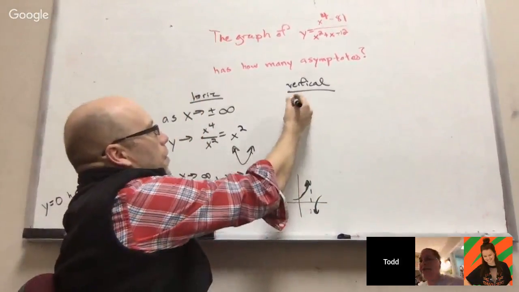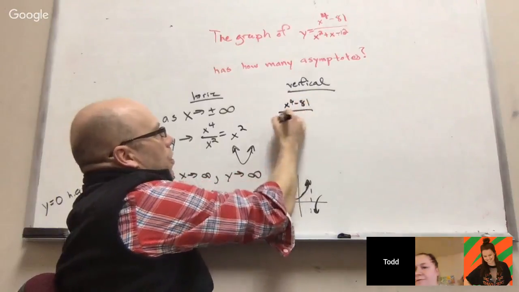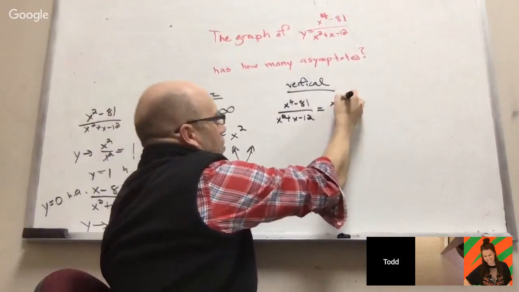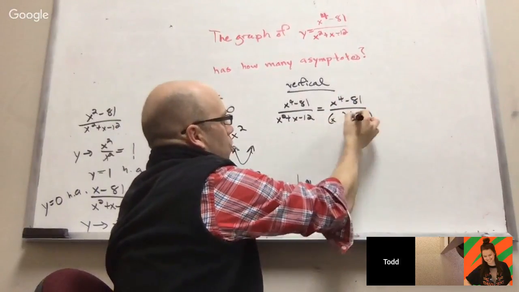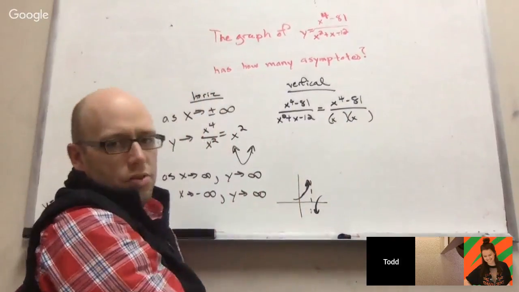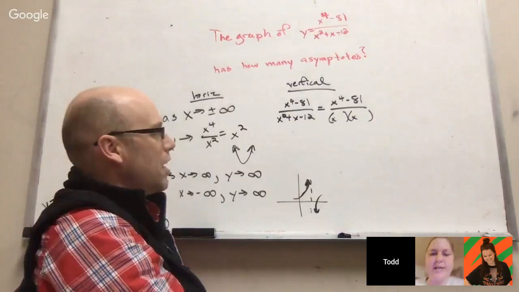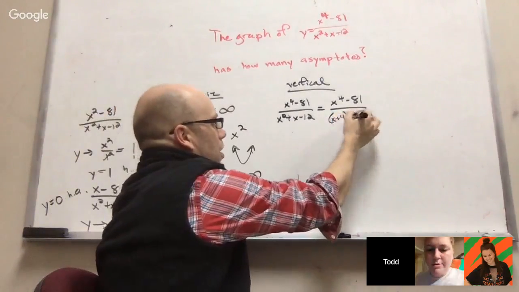So I can do x to the 4th minus 81 over x squared plus x minus 12, and I can factor that denominator. There are lots of ways to factor, but basically I need two numbers that multiply to give me negative 12 and add to give me positive 1. So I'm going to do positive 4 and negative 3.